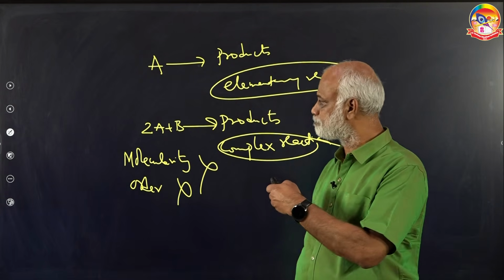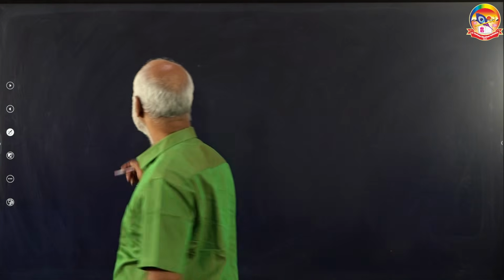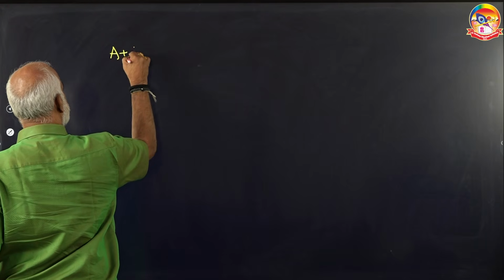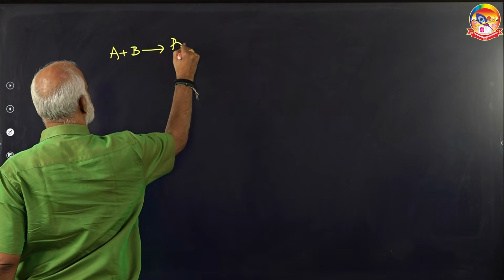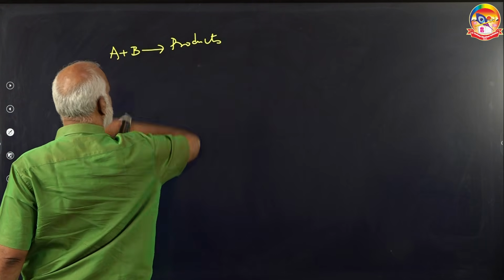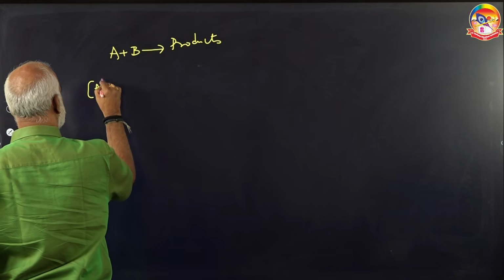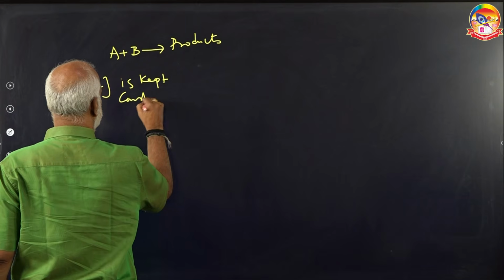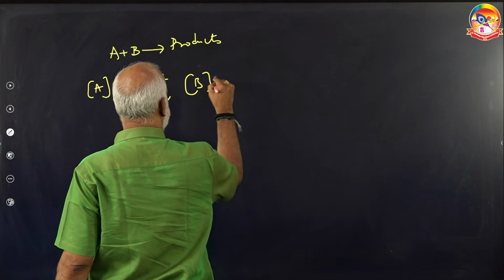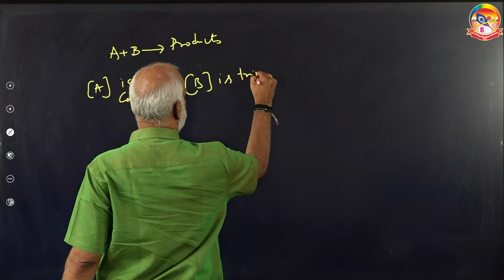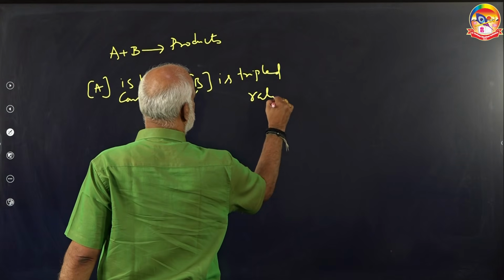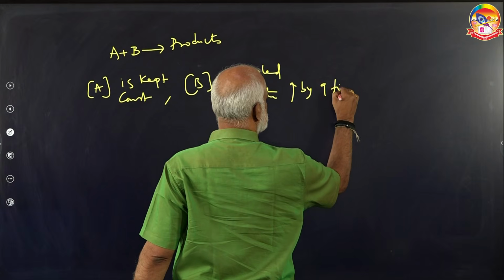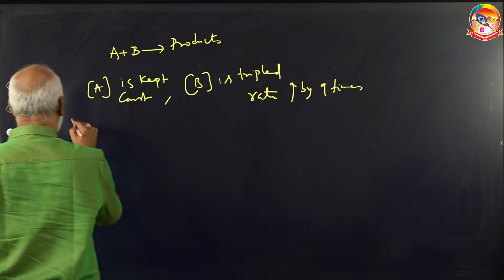For example, if I say A plus B gives products, and I say concentration of A is kept constant and concentration of B is tripled, rate increased by 9 times is one information.